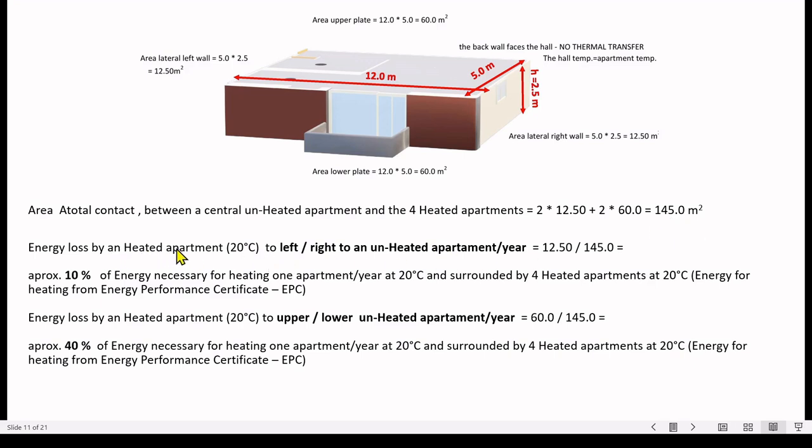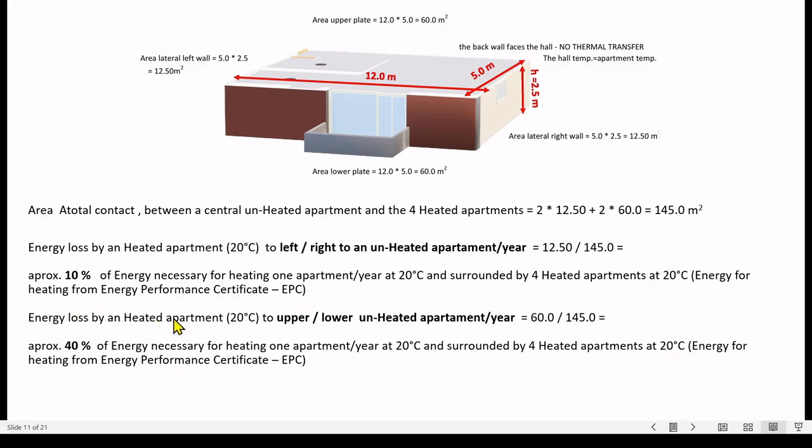Energy lost from a heated apartment to the left or right, to an unheated apartment, is divided by the ratio between the area and the total area of contact for all four neighboring apartments, and it's approximately 10% of the energy necessary for heating one apartment a year at 20 degrees Celsius surrounded by another four heated apartments at 20 degrees Celsius, which is the energy for heating for the energy performance certificate.